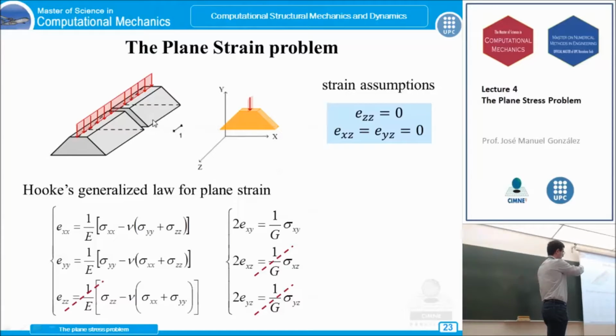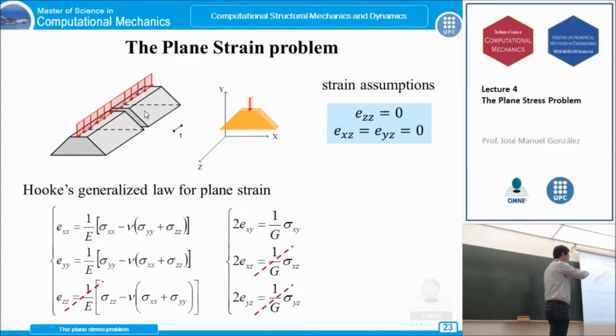But we have a domain which is continuous, equal in this z direction. So we can consider this problem as a plane problem, considering one section here with this load. Where the geometry and the load remain constant along this z direction, we can treat this as a plane strain problem.